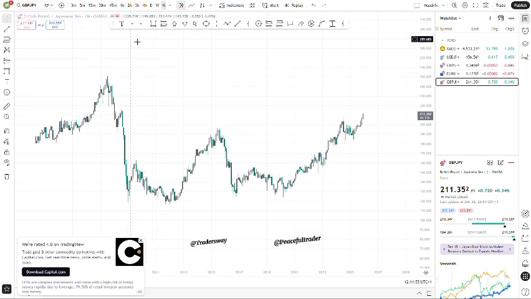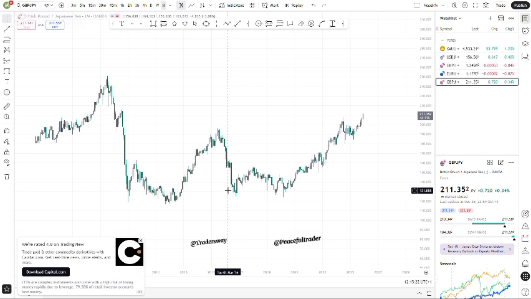Any setup you are looking for in the lower time frame needs to be a buying setup, not a selling setup, because you have already gone to the higher time frame to see that the market is bullish. So you shouldn't go down to the lower time frame to check for a selling setup. That's a wrong decision to make.